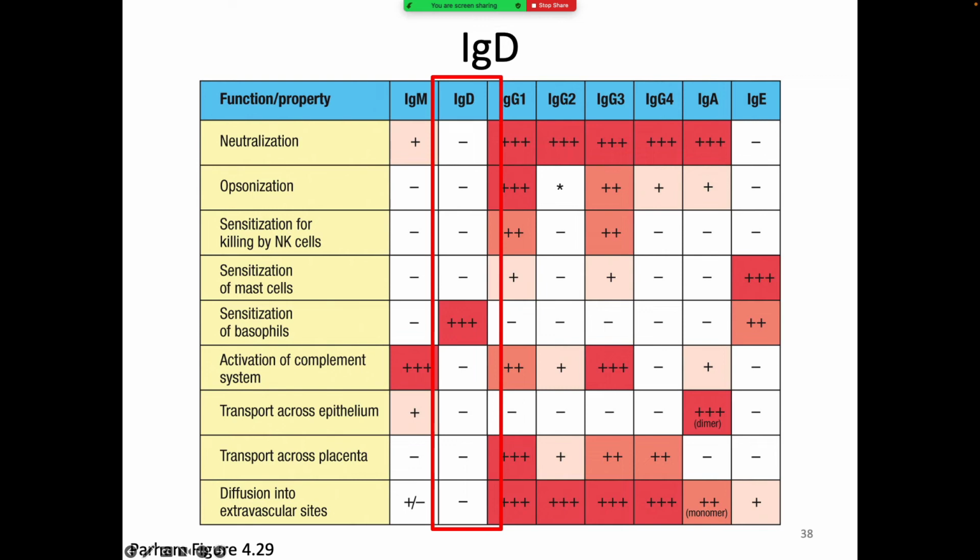We think about that activation of basophils as being pretty much the same kind of thing as IgE is doing with mast cells. So that's why I told you about IgE with mast cells a little bit ago, because we think IgD is doing the same thing with basophils.